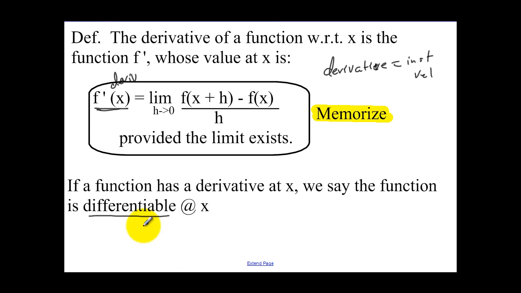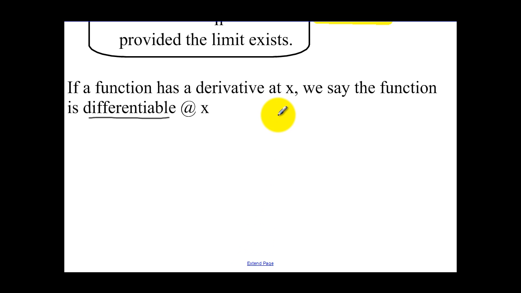Now, before we did instantaneous velocity, and we said, all right, we're going to graph this function that represents distance, and when we do the secant line, that equaled average velocity.